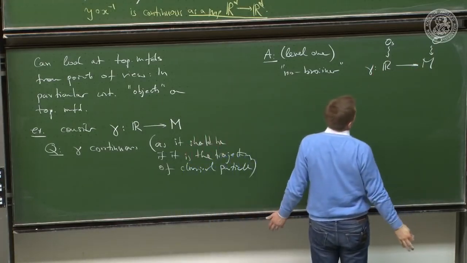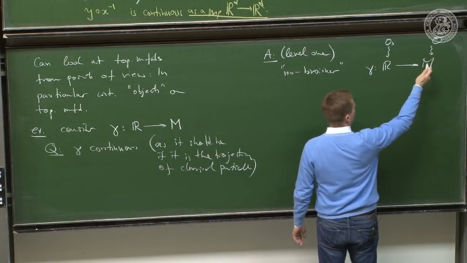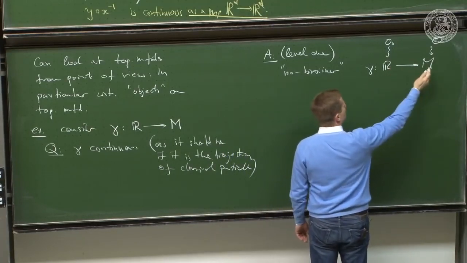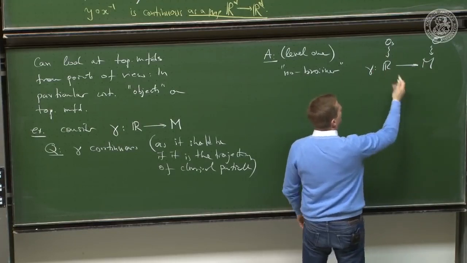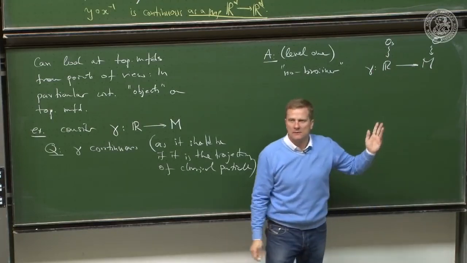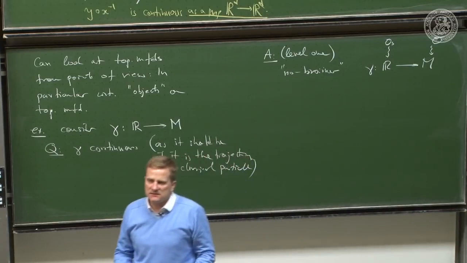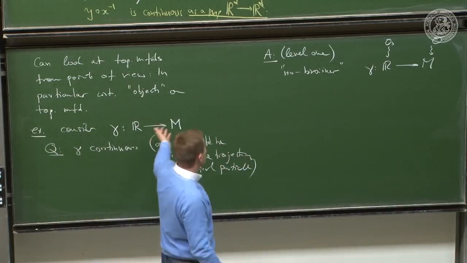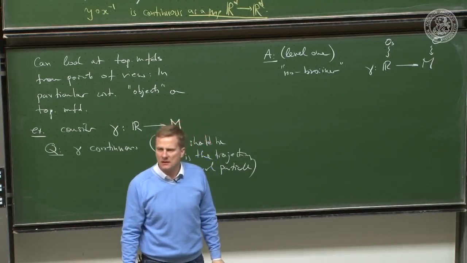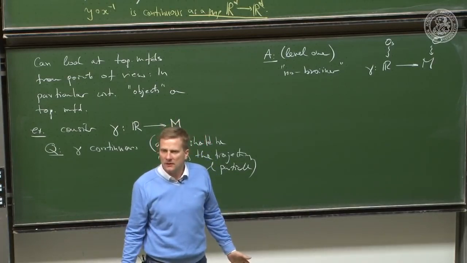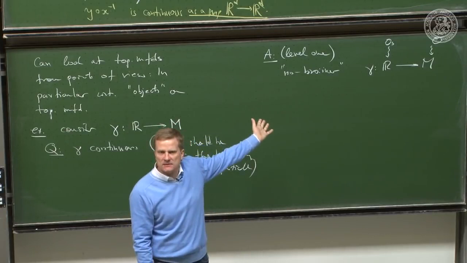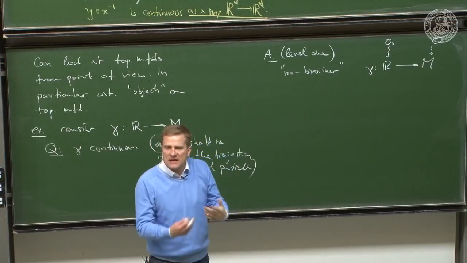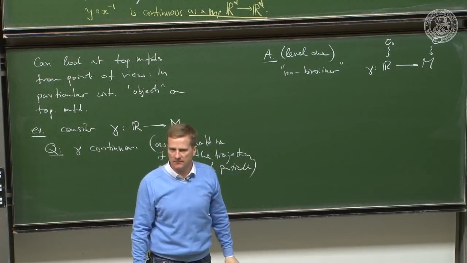Then you say, well, the curve is continuous if for every open set in the target, the pre-image of that open set under the map gamma is open in the domain. Why? Well, because that is the definition of a continuous map, and the curve is just a particular instance of a map. So you can decide this fully on the topological level. So there is nothing more that needs to be said.